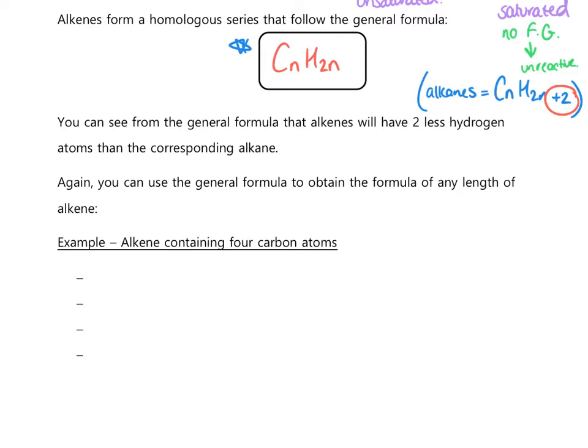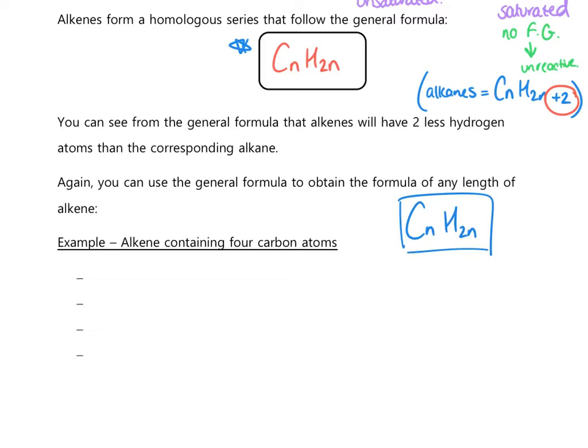So if you were asked what's the formula of an alkene that contains 20 carbons, well, you wouldn't really want to draw out an alkene that has 20 carbons in it. It would be much quicker to just use the general formula. So let's remember that alkenes have a general formula of CnH2n. Okay, and what we're being asked to do here is to find the formula of an alkene containing 4 carbon atoms.